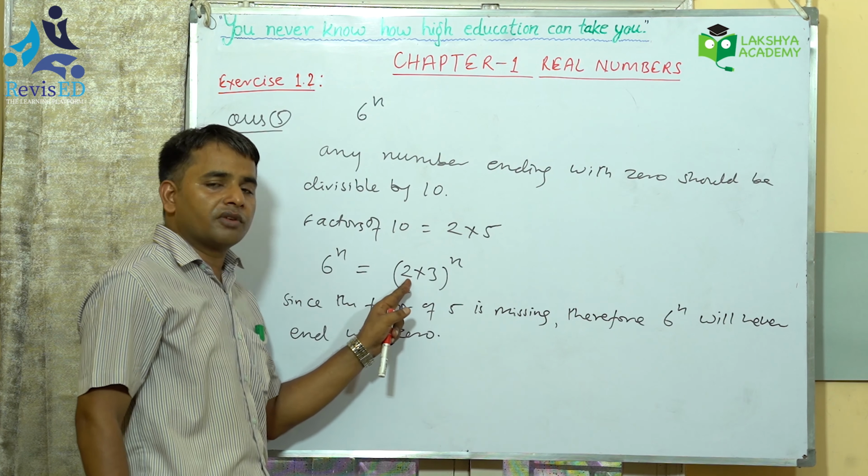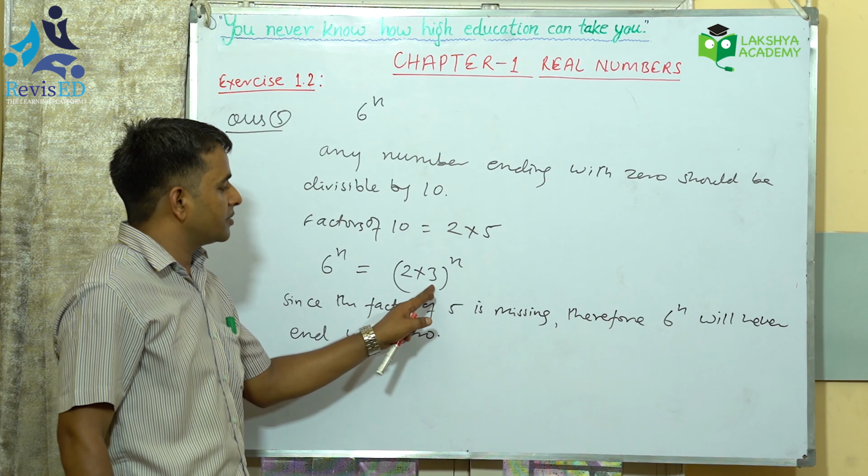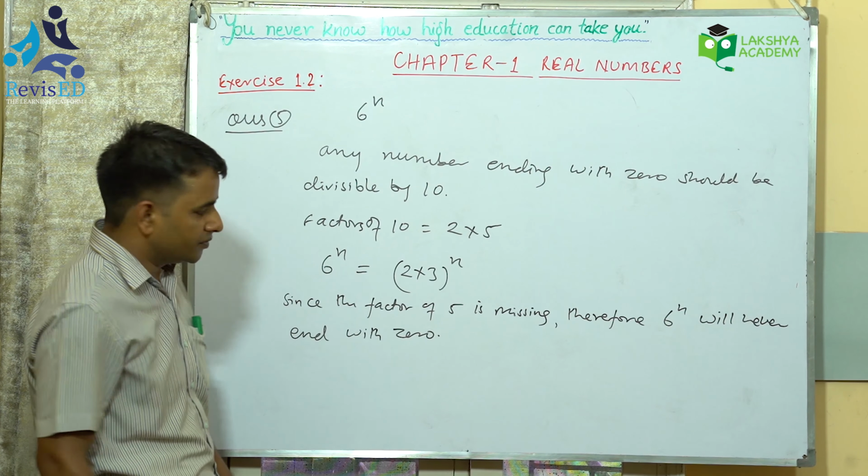It has the factors 2 and 3. Here the factor 2 is present but the factor 5 is absent. It should have the factor 5, then only it will end with 0.